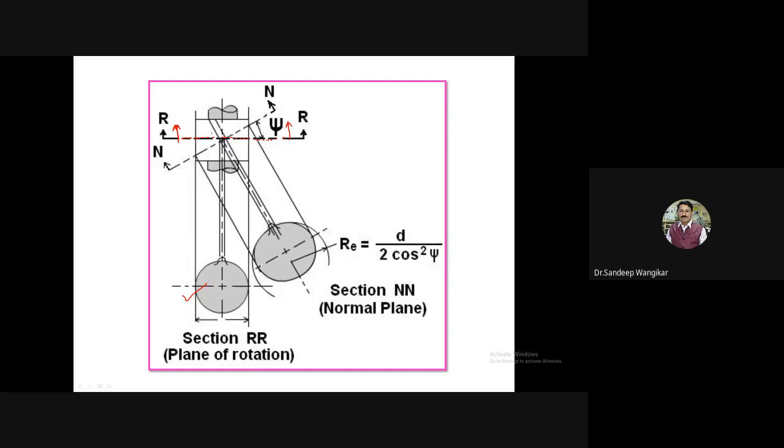Now, if these are the helical tooth profiles, and I take a section like this or like this, then definitely, see this figure also, with the extended profile you will get an ellipse. This is the basic understanding required, how the ellipse is forming. You can take this figure also, from this to this, and again you will get an ellipse.